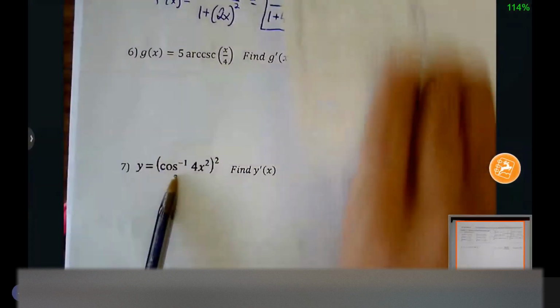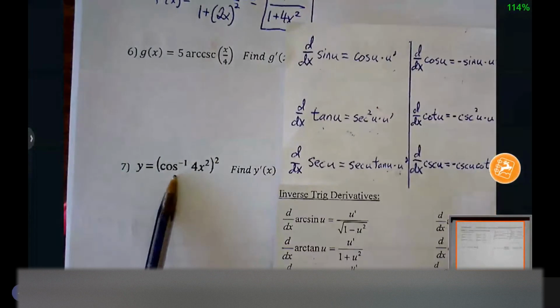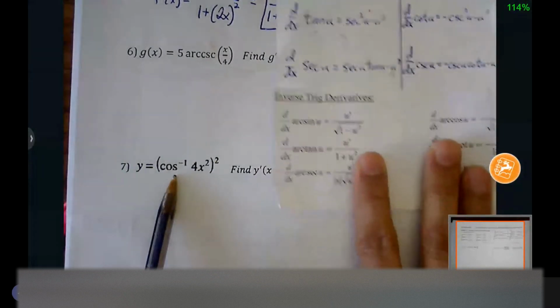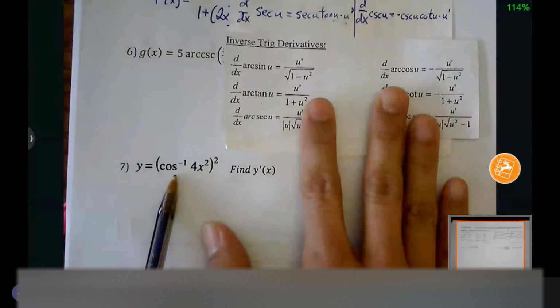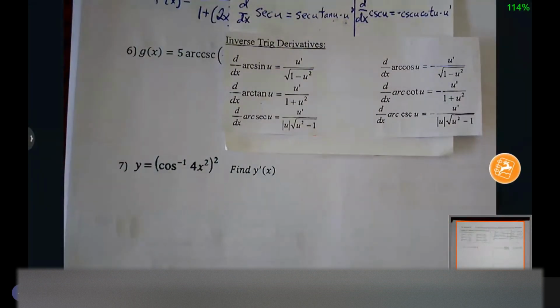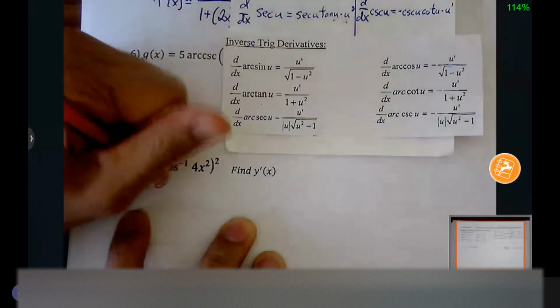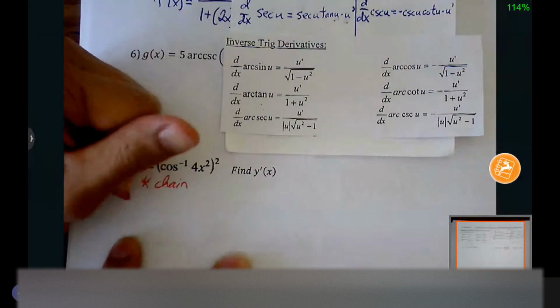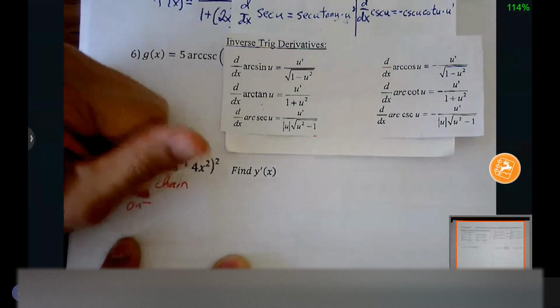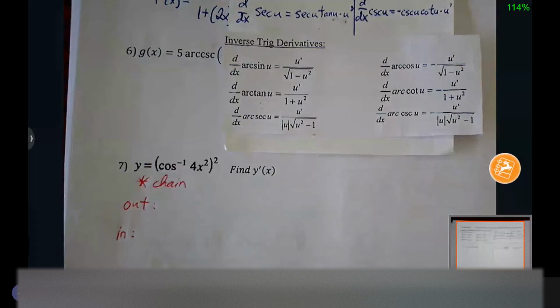Inverse cosine is the same thing as arc cosine, just a different way of writing it. Okay, what do you notice with 7 here? What's involved here? There's chain rule. Good, chain rule. So find your outside, find your inside, go from there.